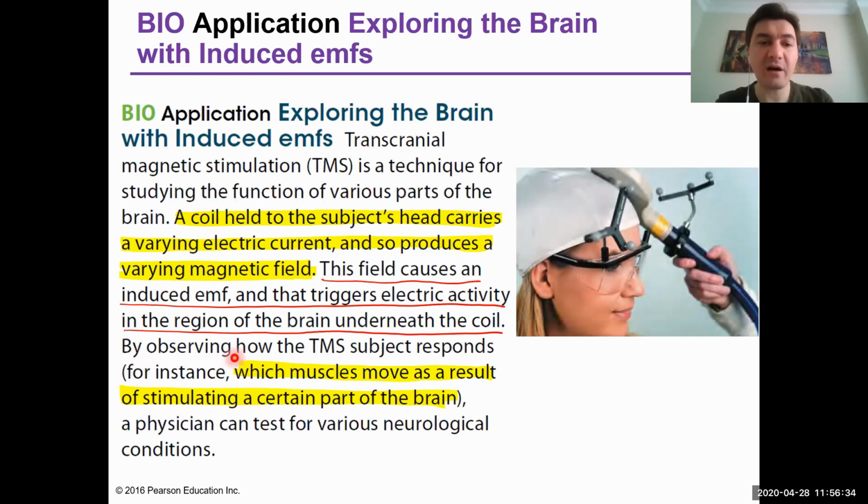By observing how the TMS subject responds, a physician can test for various neurological conditions. For example, which muscle moves as a result of stimulating a certain part of the brain. This is a bio application of induced EMF.